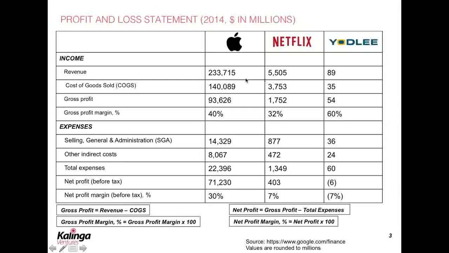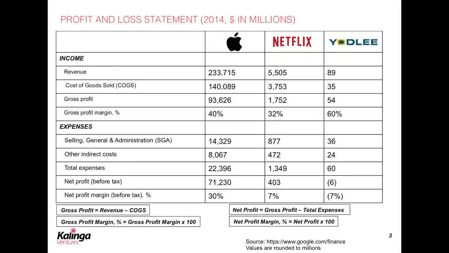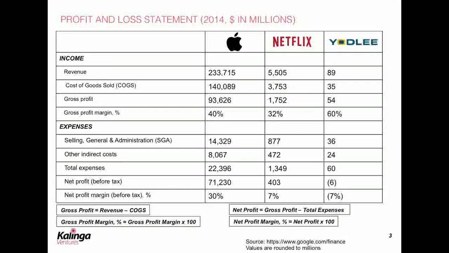So this way you can compare different companies. I've taken all these values from google.com/finance. So you can go to that website and look at any company that is listed in NASDAQ and you can get their financials. So let's take a minute and look at some companies in Google Finance.